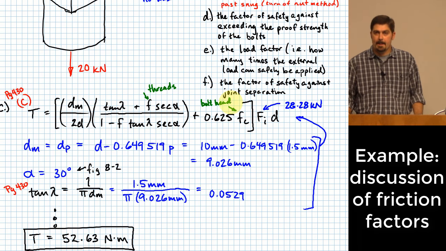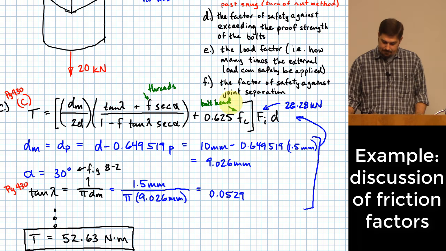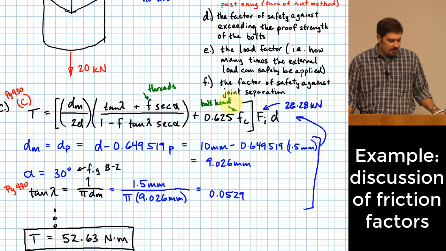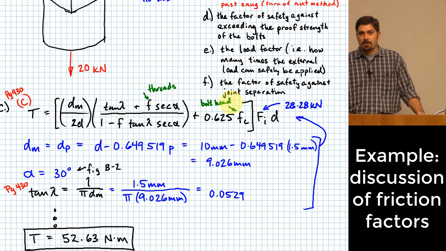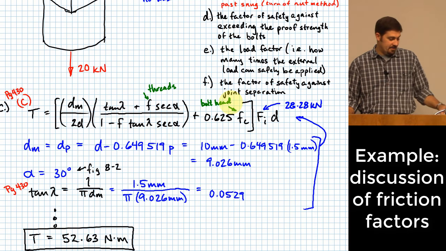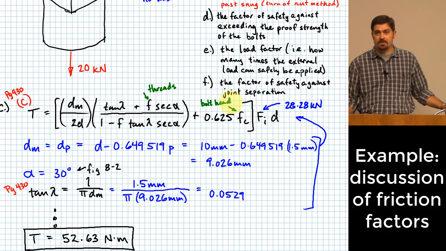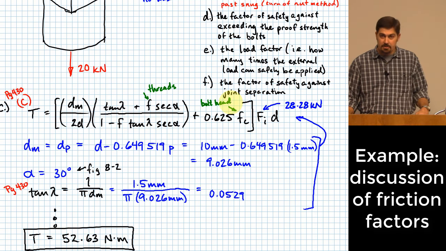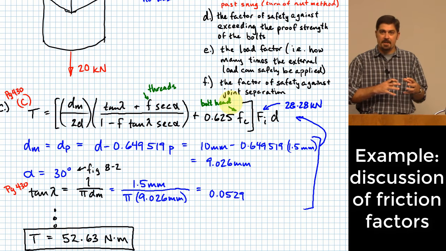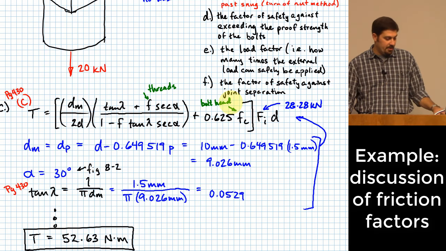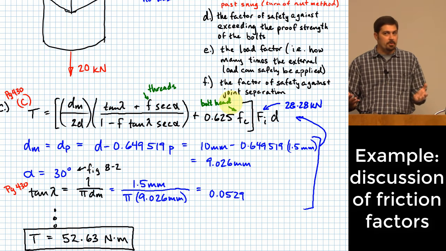Yes? Do we use the collar friction table and other stuff that we use for houses, or is that not? Well, the whole idea of finding reliable friction factors, they're hard to find. So what you generally do here is understand that the calculations you do are only so good. That's probably the main reason why this method of putting a certain amount of preload in the bolt is not real reliable.